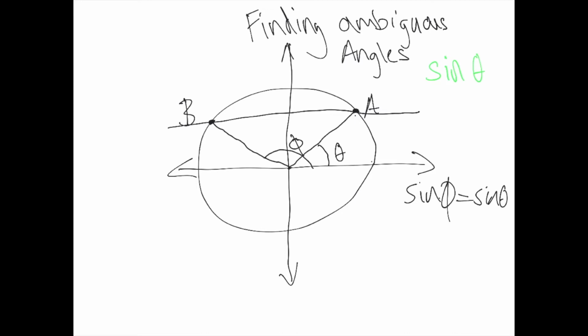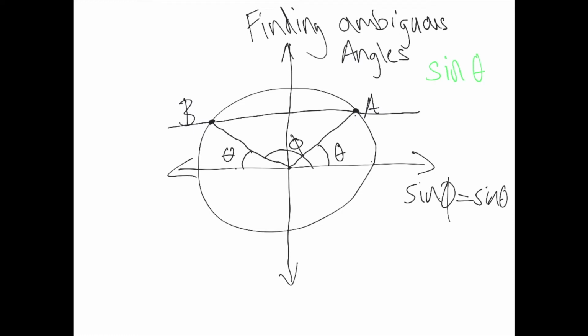Now we can make another observation, which is that these two are a reflection of each other across the y-axis, right? That's pretty clear to see because they're the same height, so they must be a reflection. The unit circle, of course, is symmetrical. So now we can therefore observe that the angle from this line here to the other side of the x-axis is theta then, right? If it's a reflection.